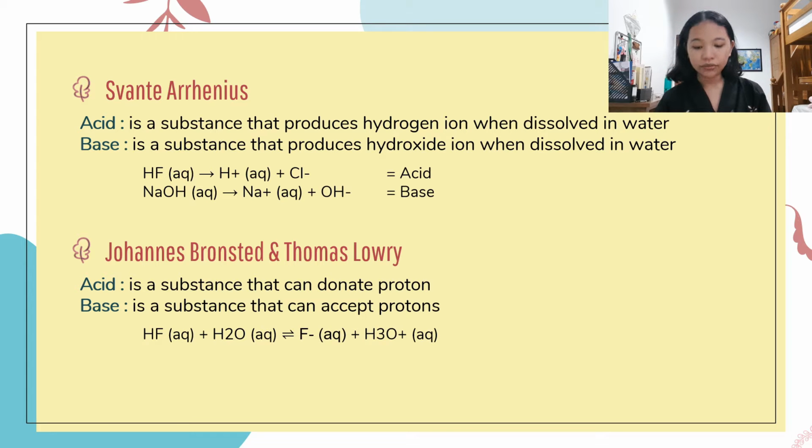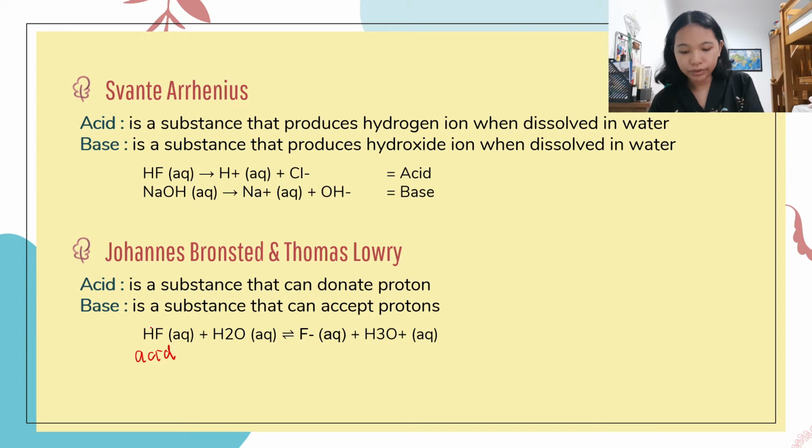So we see again hydrofluoric acid plus water yields fluorine ion plus hydronium. So I can assume that hydrofluoric acid is an acid. Why? Because as we can see here in the product, H2O will become H3O. That means it's going to be accepting a proton.